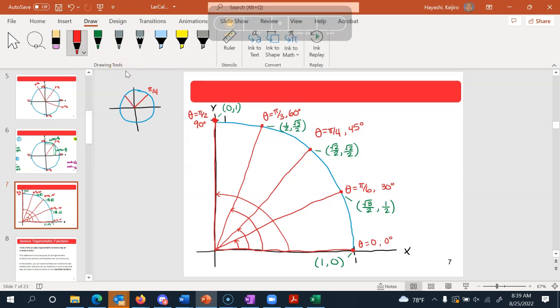But this angle would be then 3 pi over 4, right? Pi over 4, 2 pi over 4, 3 pi over 4, 4 pi over 4, or just pi, 5 pi over 4, 6 pi over 4, or 3 pi over 2, and 7 pi over 4. And then doing it once more would give you 8 pi over 4, which simplifies to 2 pi.